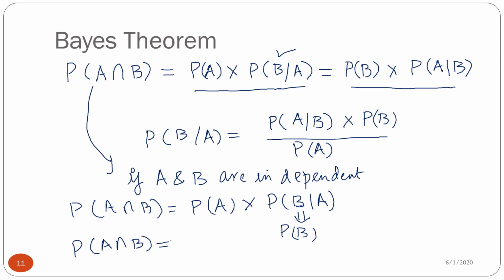The probability of A intersection B is equal to probability of A multiplied by probability of B.